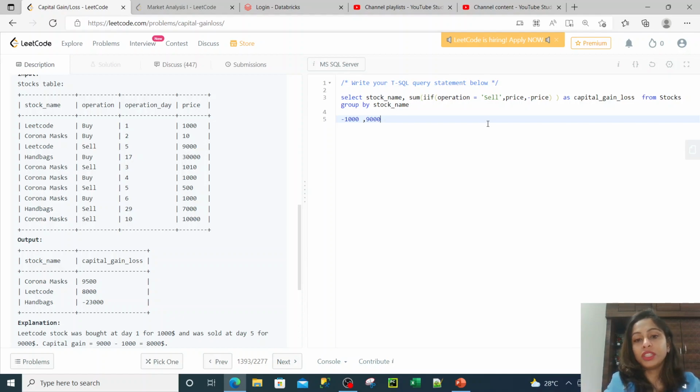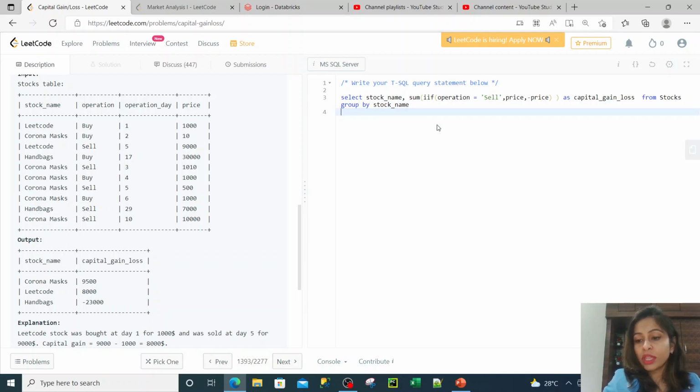When the operation is sell, my price will become 9,000. Now I'm going to sum these two prices, and the moment I do a sum, the output value of p will be 8,000. So this is essentially what I'm trying to do in this query.